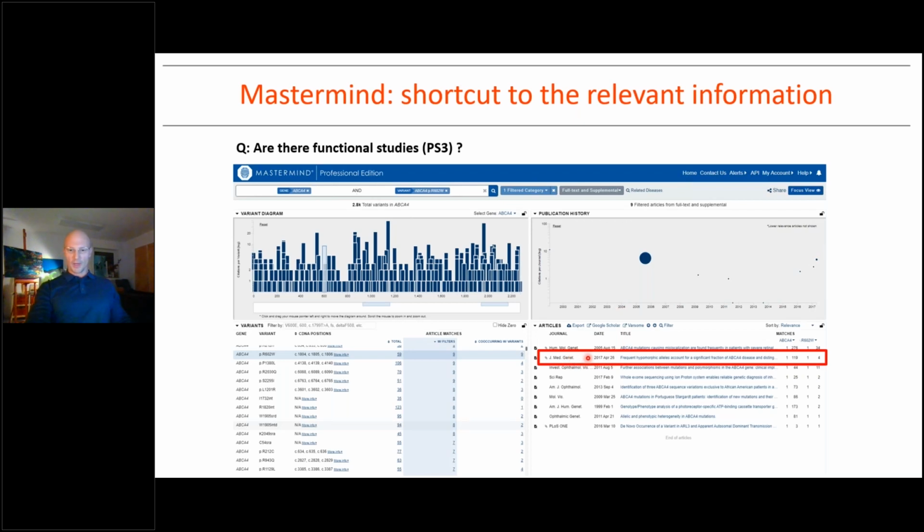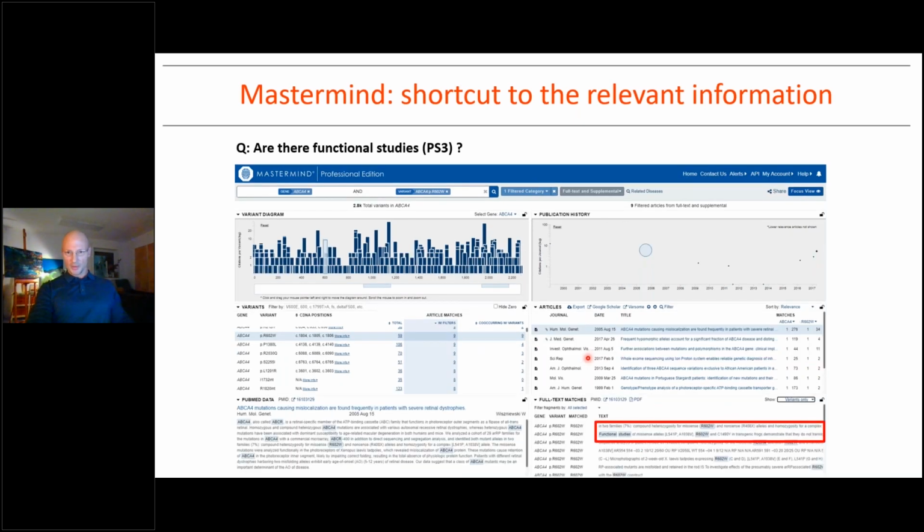And when I click on this paper, I hope you can see it, I activated variants only, and I have the keywords and the variants in one row, so this was a clear shortcut. Again, remembering my first rule, this is not the evidence yet; now we have to look for the evidence in the paper, but at least I have a serious shortcut to find the right paper to read.